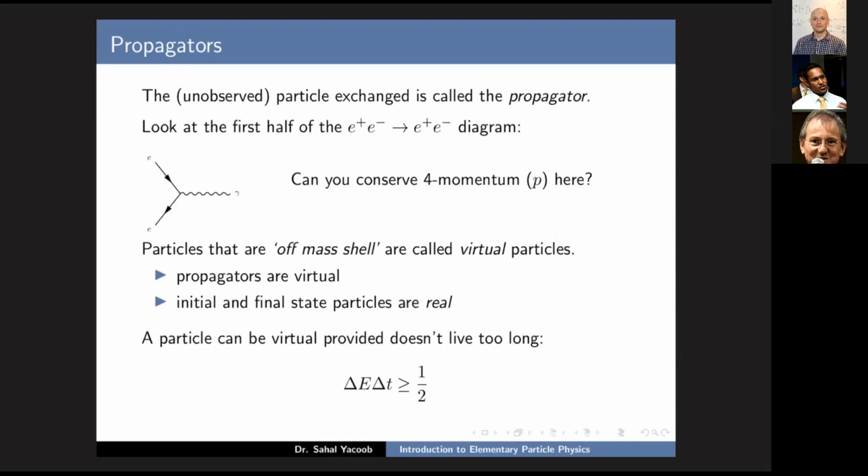And if we look at this and try to conserve four-momentum, we can do this in the center of mass frame of the electrons.